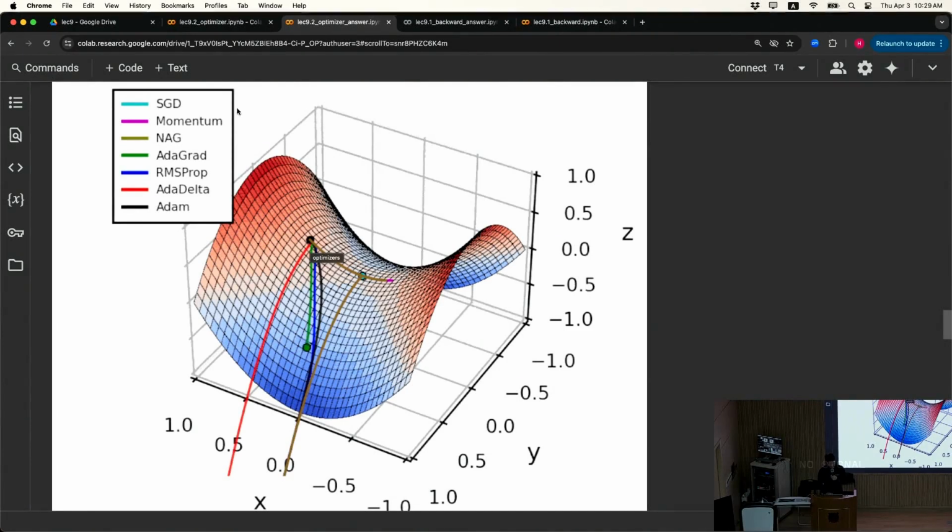Other methods like momentum can get out of this saddle point through momentum. And which one is the fastest? RMSProp, Adam, Adadelta, I think those are fastest.